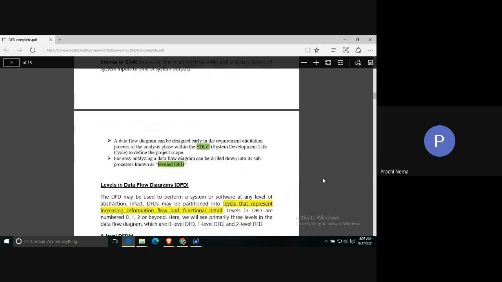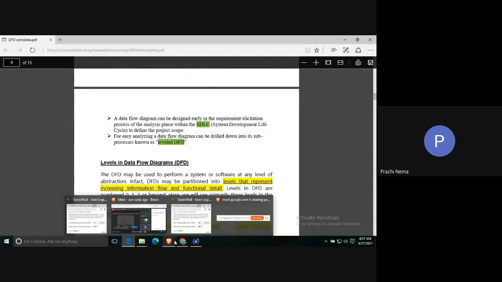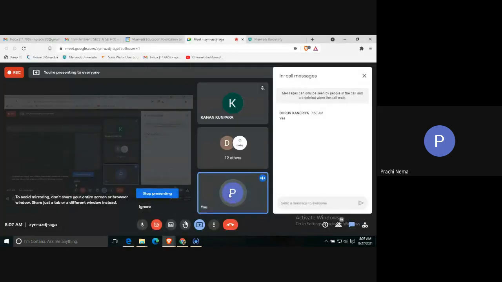Now there are two note points about DFD. Before that, if anyone can tell, are you getting the things I'm telling you? Are you getting this concept? Understanding? Anyone can reply in the chat box.